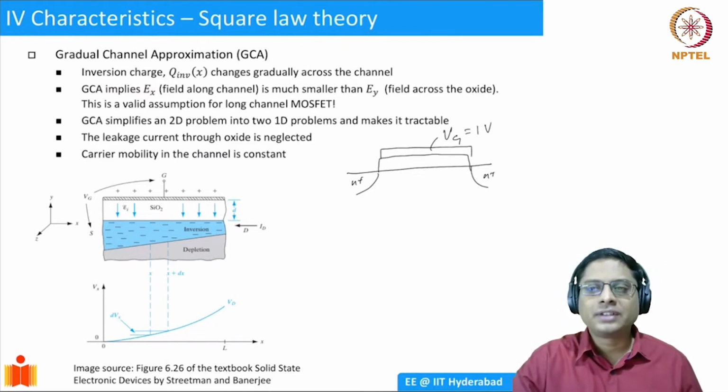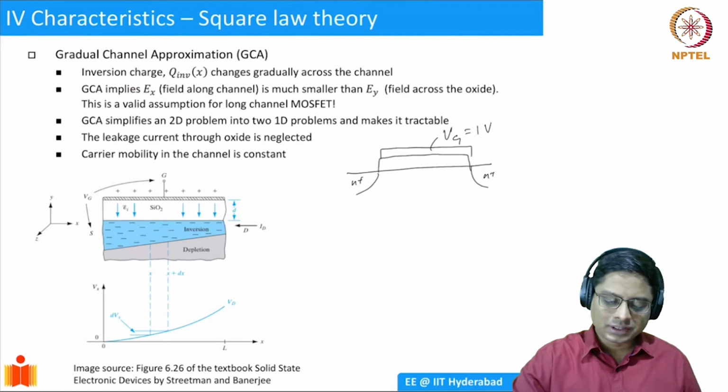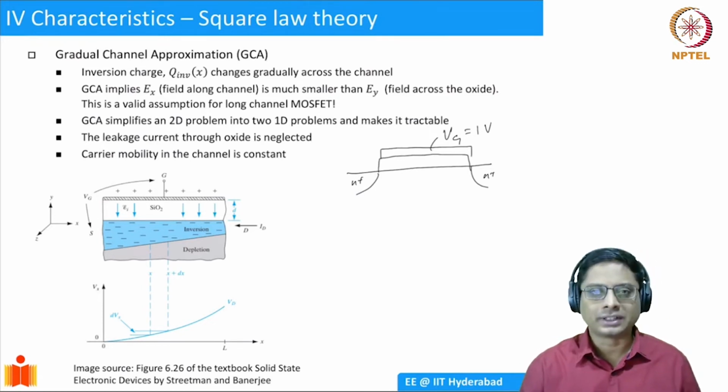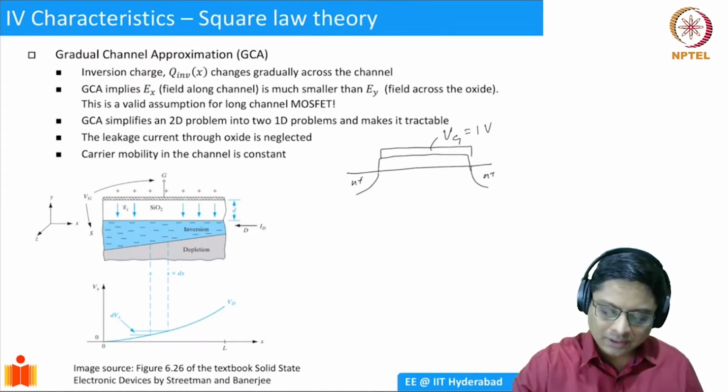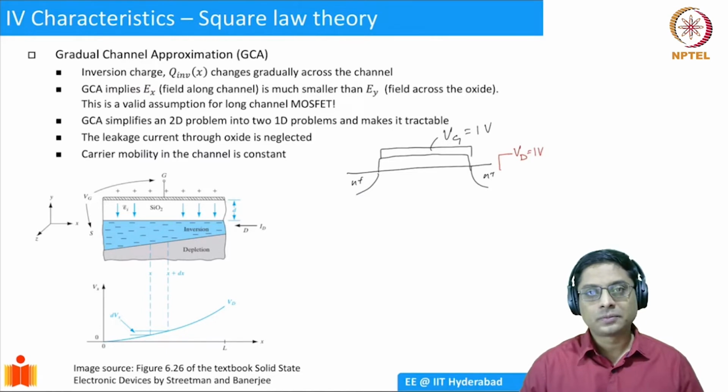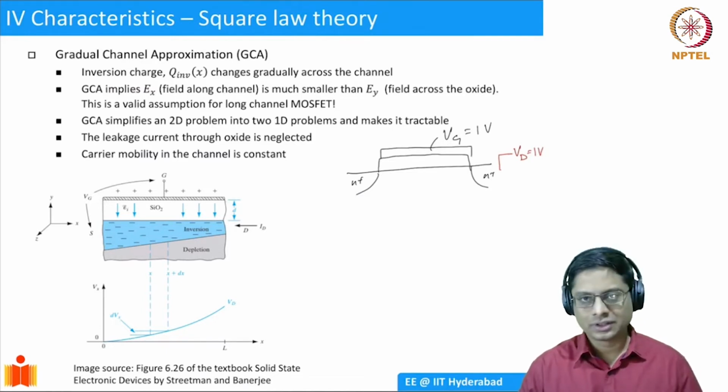When VDS was 50 millivolts, a very small number, the difference between source and drain was very small. But now let us mix it up a little bit, and let's say I apply VD equal to 1 volt, almost comparable to the gate voltage. Then what happens?